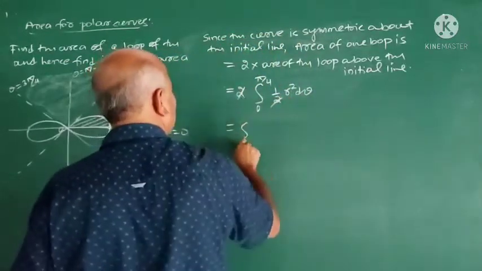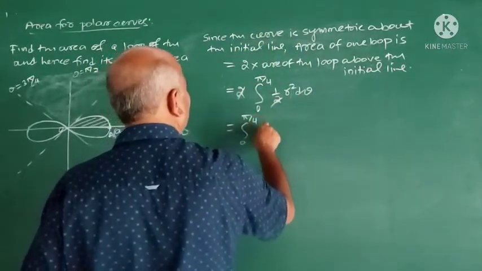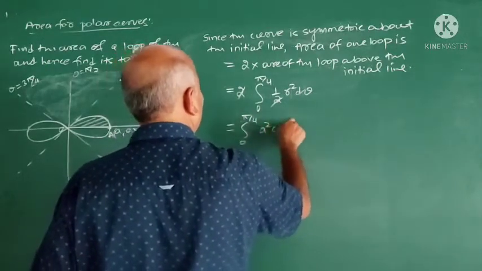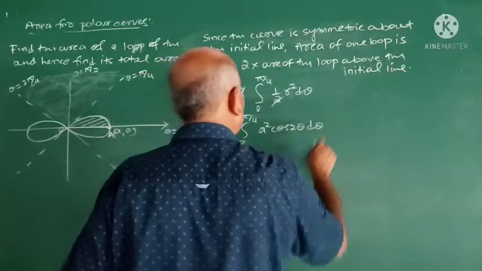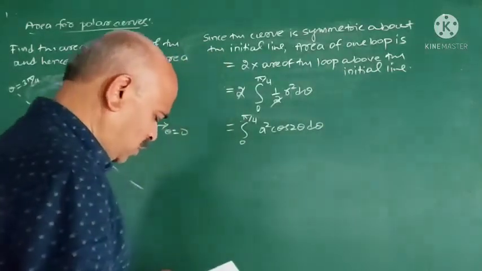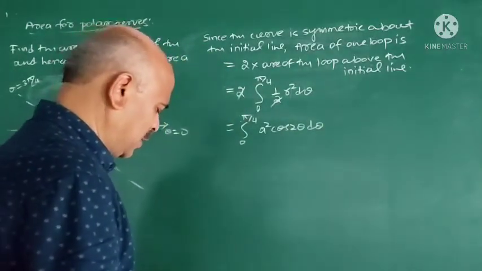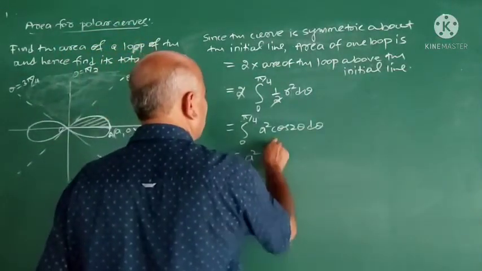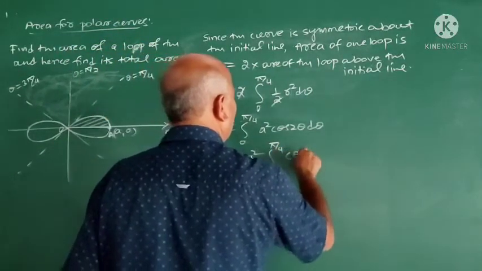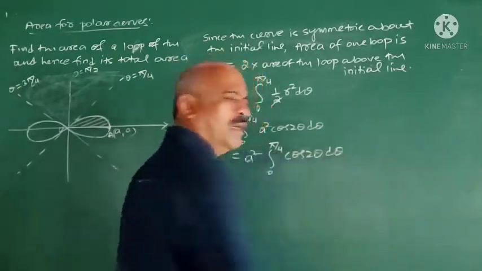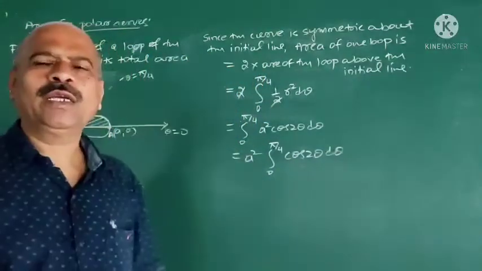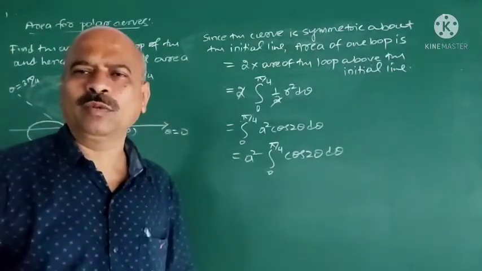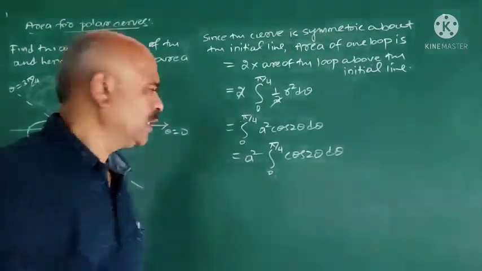These two cancel. 0 to pi by 4, what is r square? A square cos 2 theta with respect to theta. Yes, a square cos 2 theta. So a square, 0 to pi by 4, cos 2 theta. This is the area above the initial line, half of the loop.